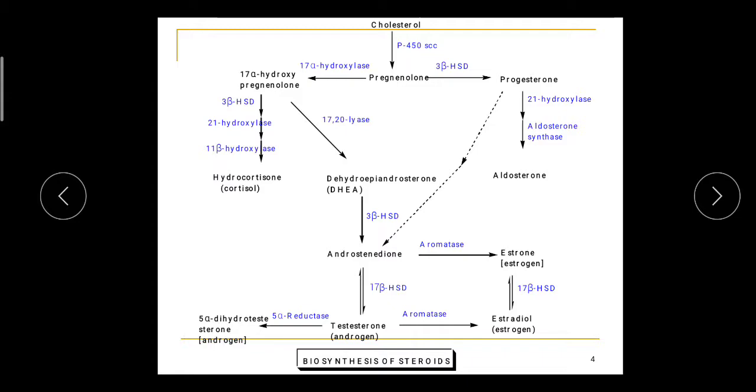Now cholesterol is first converted into pregnenolone by the cytochrome P450 enzyme. This conversion is the rate limiting step in steroidal hormone synthesis.